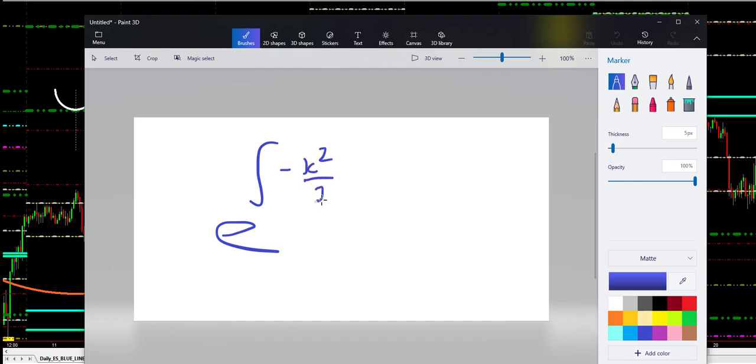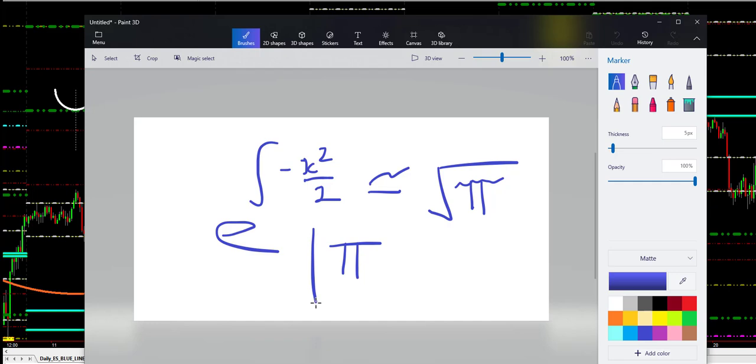This is where the esoteric x squared by 2 is approximately square root of pi. If you understand this logic, after you solve all the quantitative engineering equations, one of the key results is this, that the movement in the market is captured by pi square root.